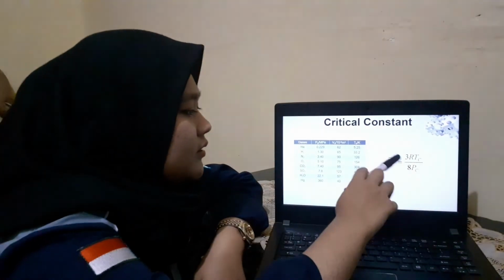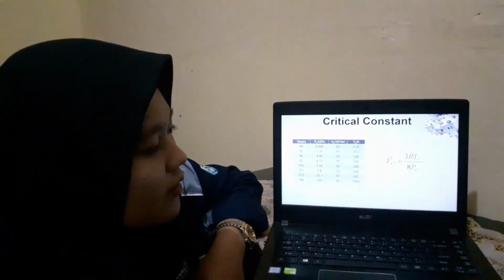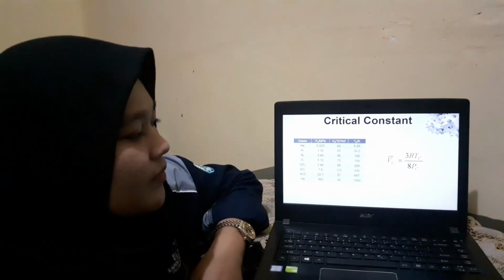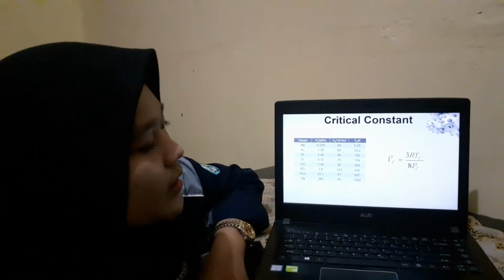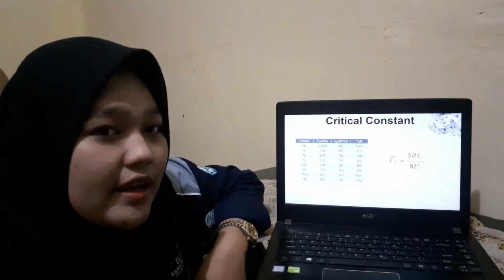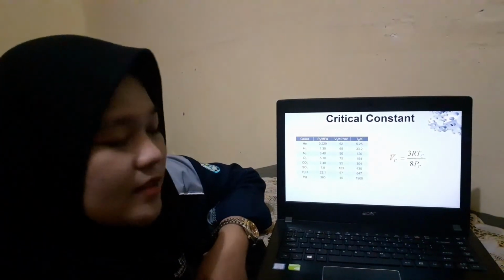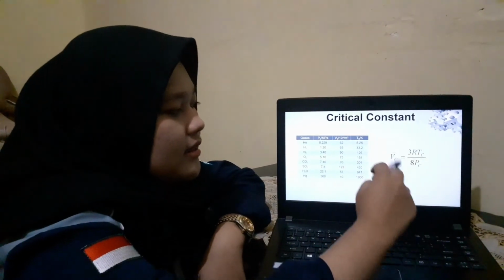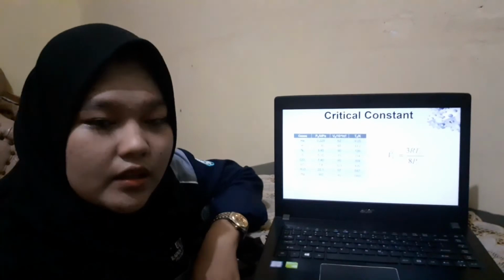So the critical molar volume equals 3RTc divided by 8Pc. V for volume, R for the gas constant 0.082, Tc for the critical temperature, and Pc for the critical pressure. The 3 and 8 come from the van der Waals equation.